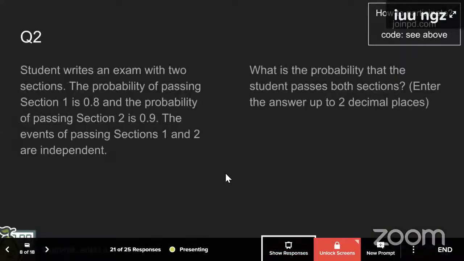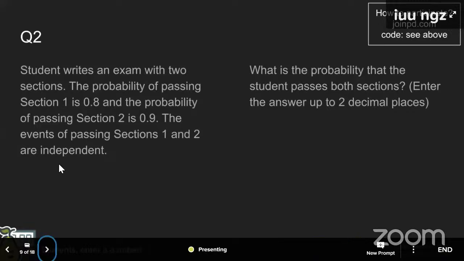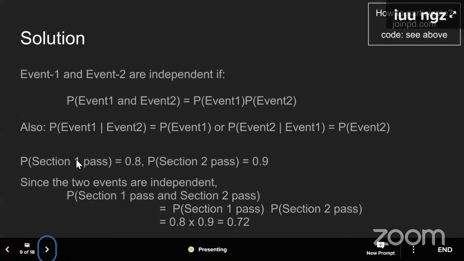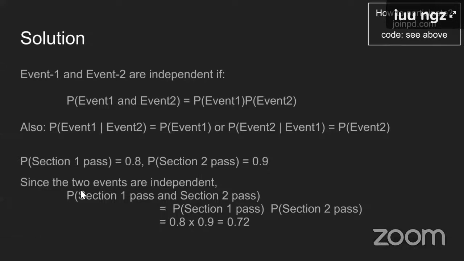We had to find the probability that the student passes both the sections. Let's define event A as the student passes section 1, and event B as the student passes section 2.